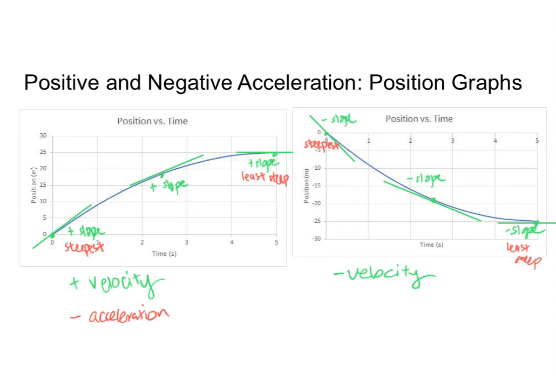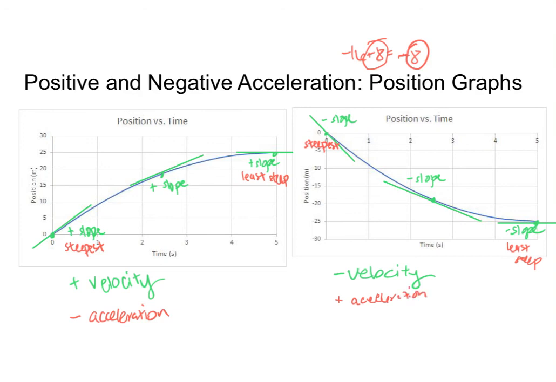So for example, negative 16 plus 8 is equal to negative 8. So my velocity here, my slope, is decreasing in magnitude while remaining negative, which means that what I have to be doing is adding some positive number to it. So that means that my acceleration has to be positive.